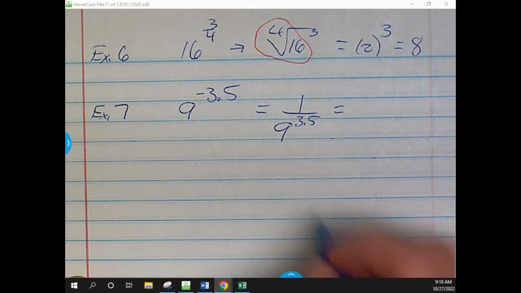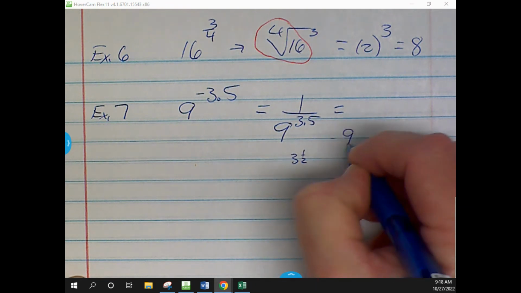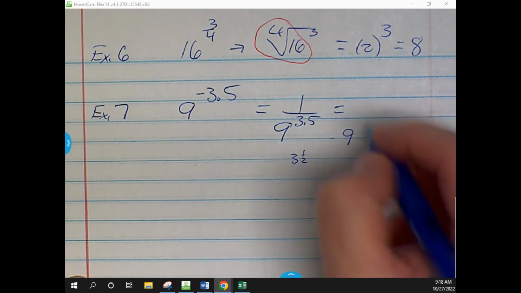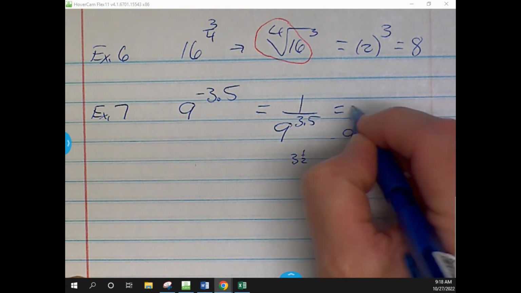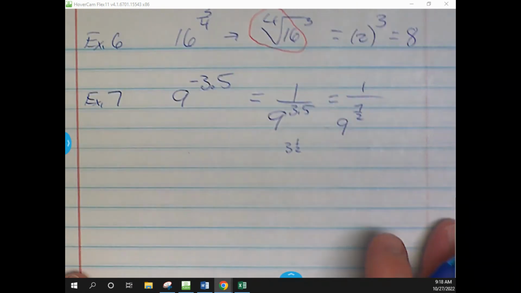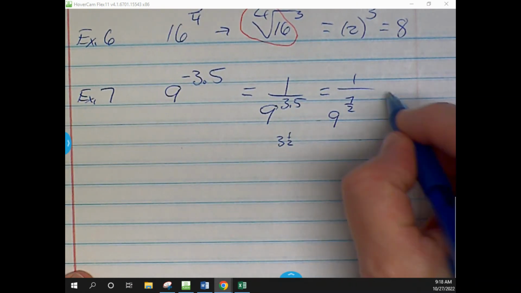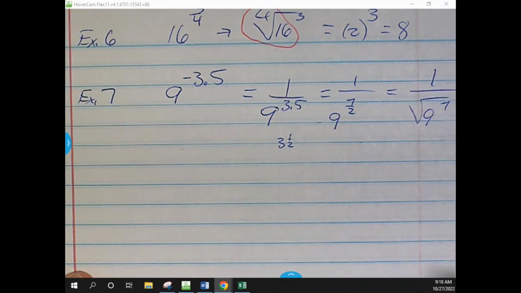Again, 3.5 as an improper fraction is 7 over 2. Which means that's the square root of 9 to the 7th power.